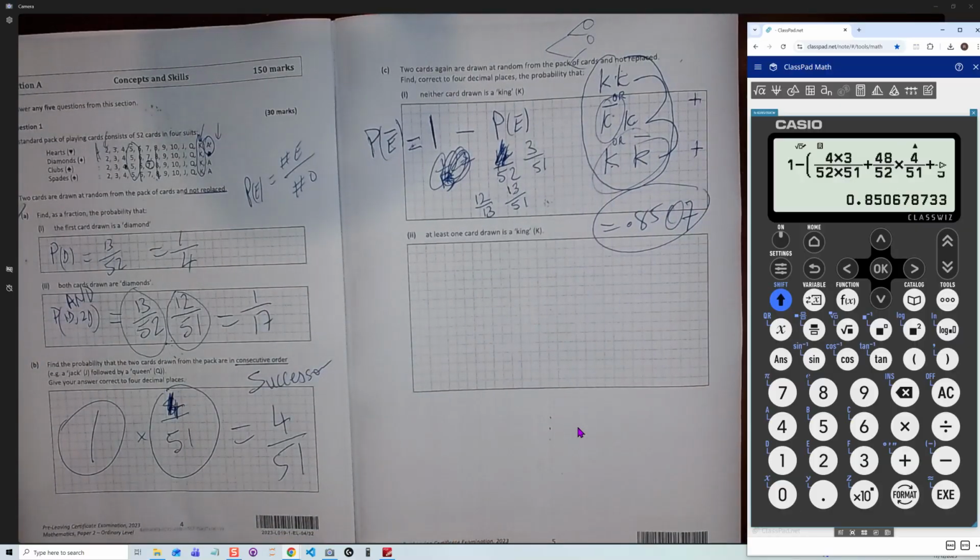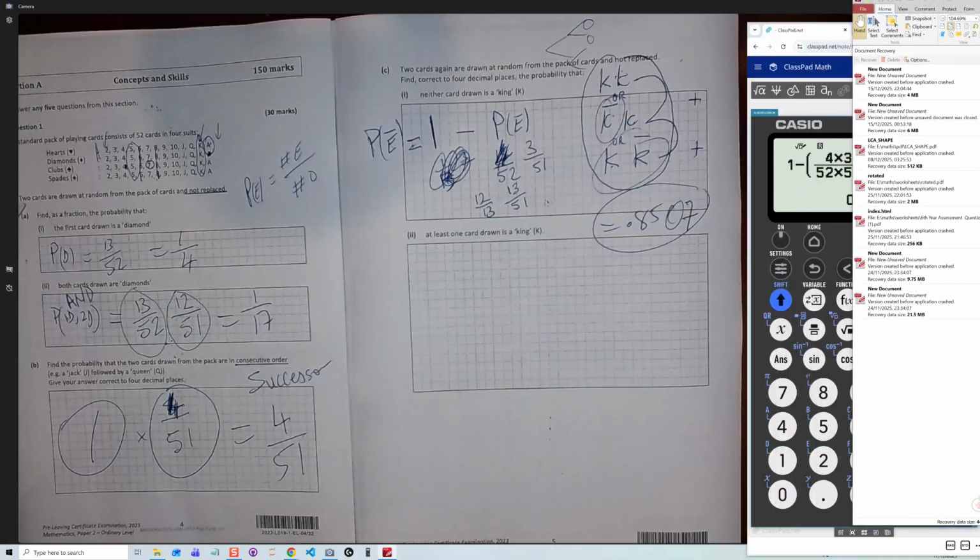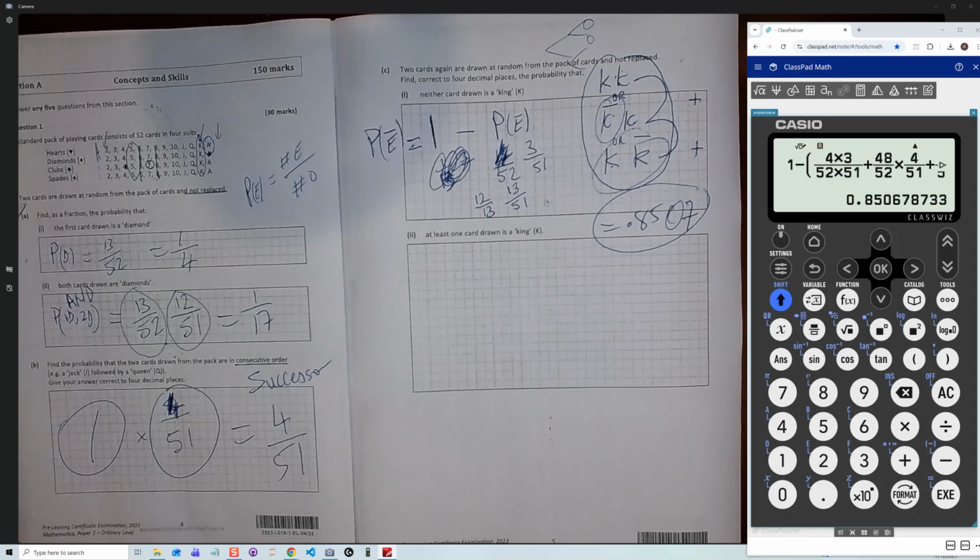I'm annoyed with them really because they didn't give that mark, and that's why I say maybe we should stay away from DEBs because they don't always get it right with their marking schemes. Now, having said that, their decimal values down here might well turn out to be 0.85. Yeah, they have 188 over 221, but they say that hasn't been reduced. Let's look at it. 0.8506.